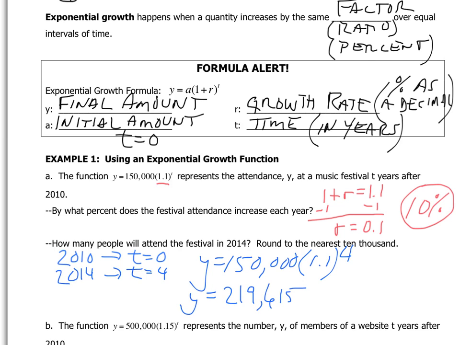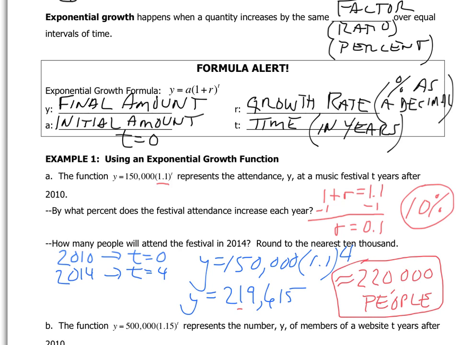Well, we were asked to give our answer to the nearest 10,000. The nearest 10,000 place value is the 1. The 9 is going to make that go up. So we are going to be approximately 220,000 people who will be attending in the year 2014.